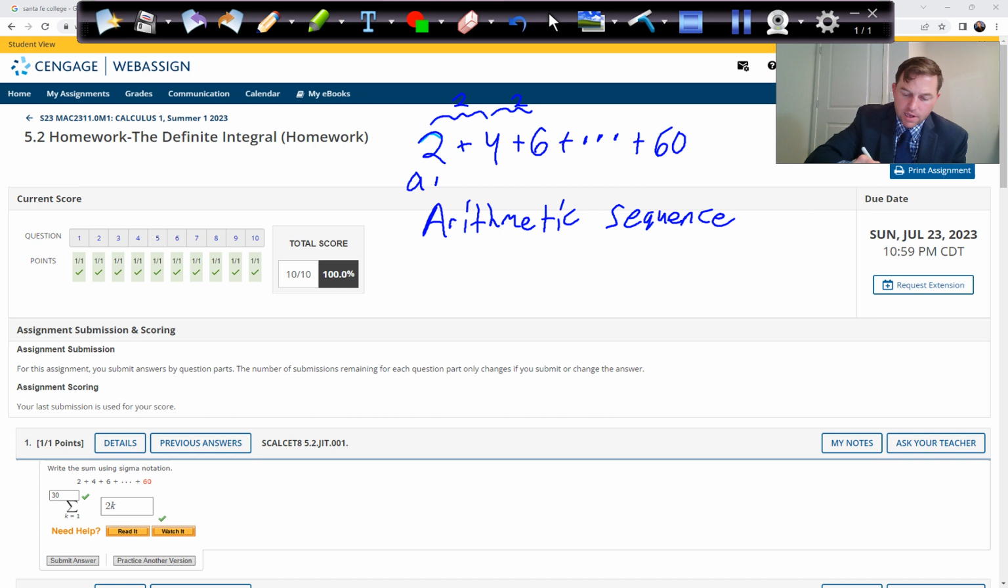And this number is called A1, the starting value, and this number is called AN, the stopping value. The problem with this one is we don't know what N is. We have to find that. So AN is given to be A1 plus n minus 1 times d, where d is equal to the common difference.